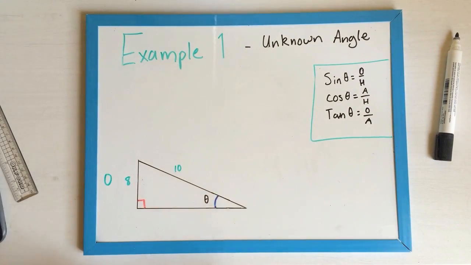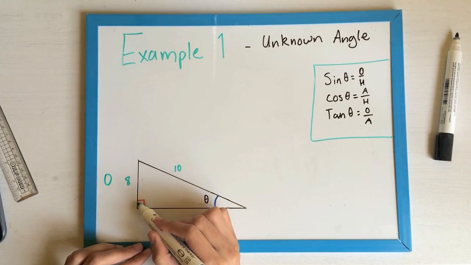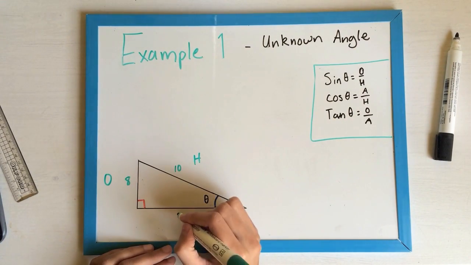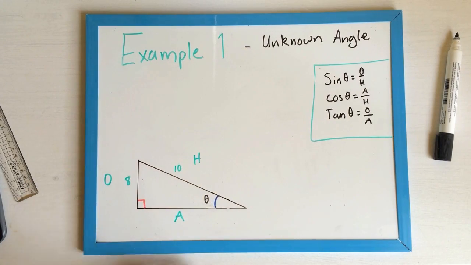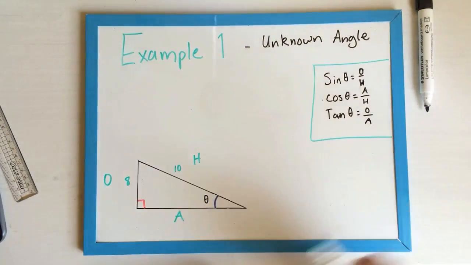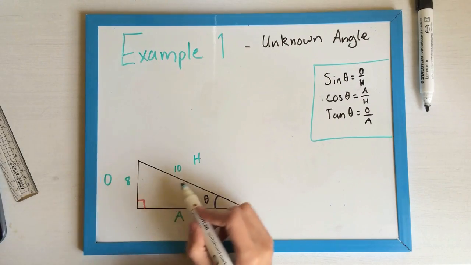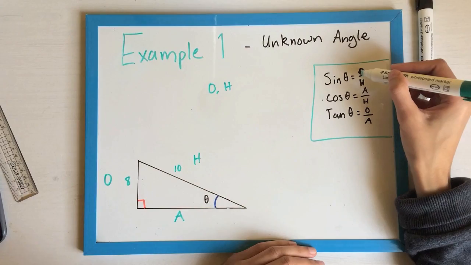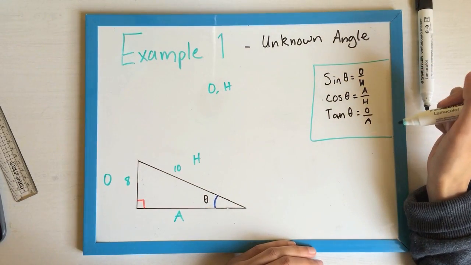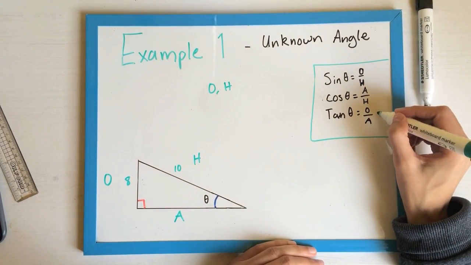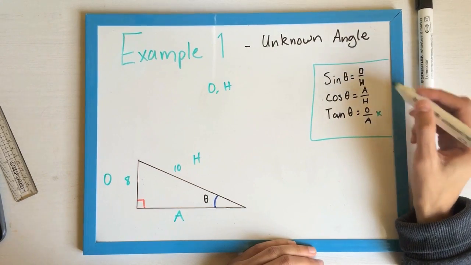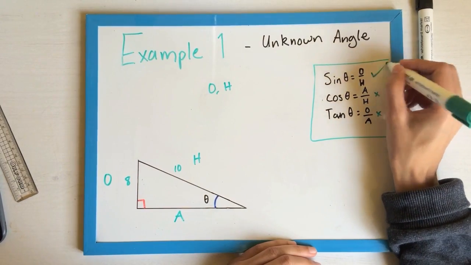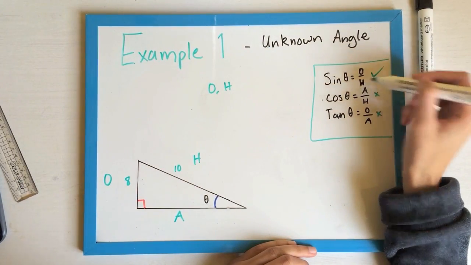Our longest side and also opposite the right angle is our hypotenuse, and the final side is the adjacent. Okay, now that I have information on the opposite and the hypotenuse, I'm going to check which one of my trigonometric functions to use. I can't use the tan since I need information on the opposite and the adjacent. I can't use the cos because I need the adjacent and the hypotenuse, but I can use sine since I have the opposite and the hypotenuse.